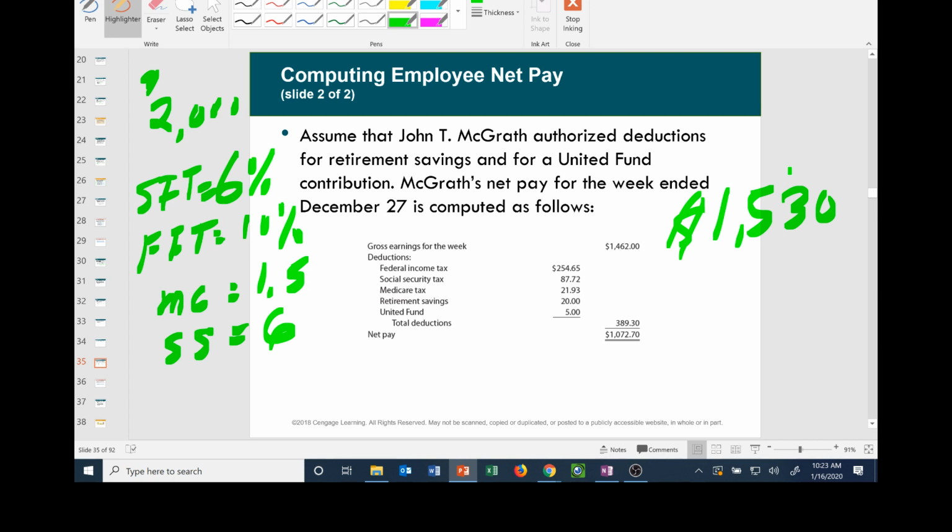Everybody got 1530? Did you do the individual taxes? That's what you should have done.